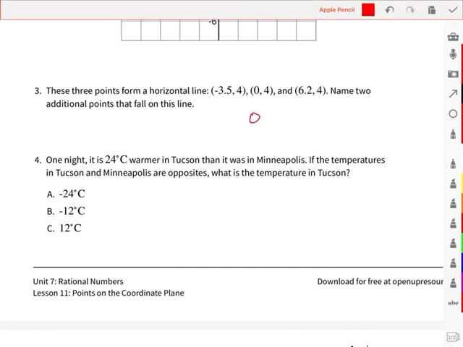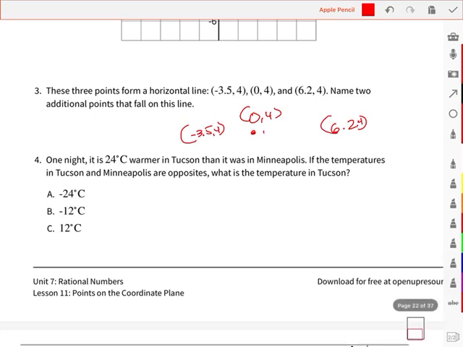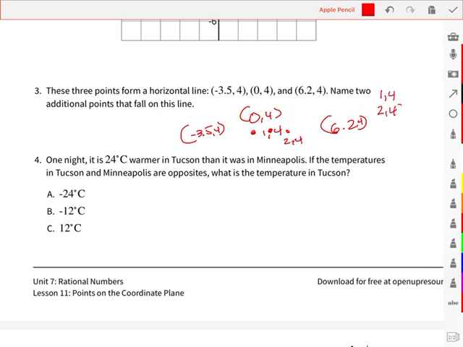So if this is (0, 4), and we have, let's say, (-3.54, 4) is here, and (6.24, 4) would be over there, then we could say (1, 4) would be about here, and (2, 4) would be here. So I'm going to say (1, 4) and (2, 4).